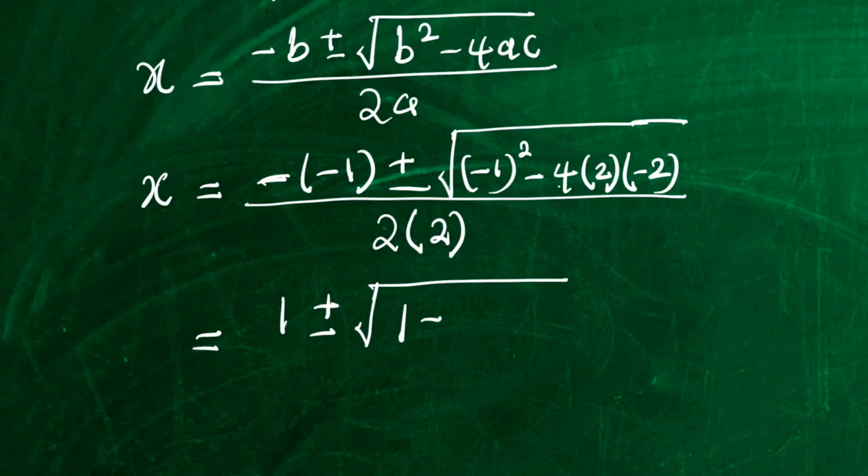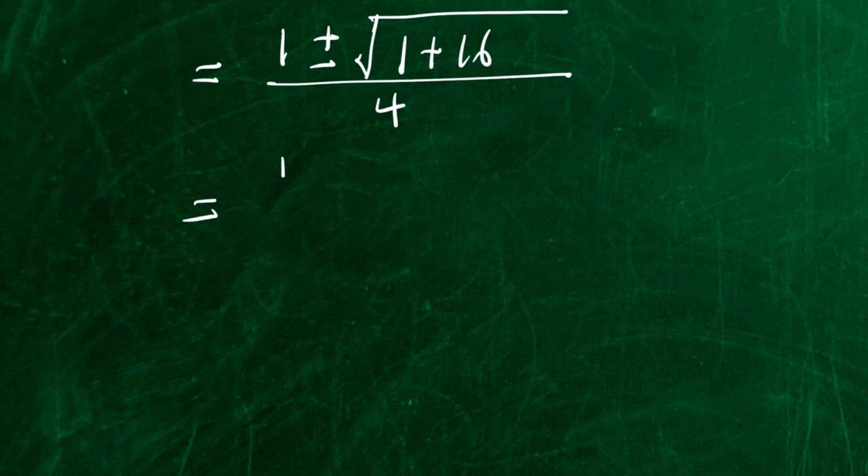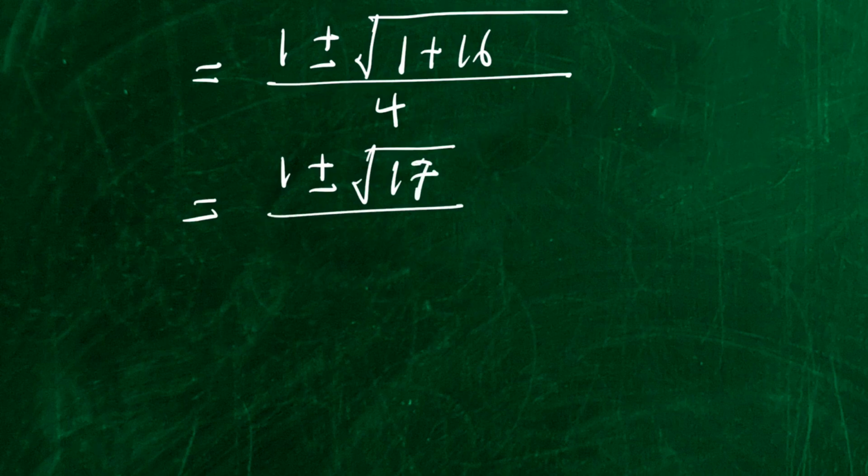Then negative 4 multiplied by 2 is negative 8, multiplied by negative 2 is positive 16. Then everybody divided by 4, that is 2 multiplied by 2. So this is 1 plus or minus the square root of 1 plus 16, which is 17, then everybody divided by 4.